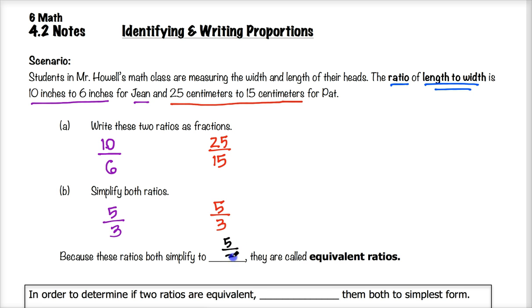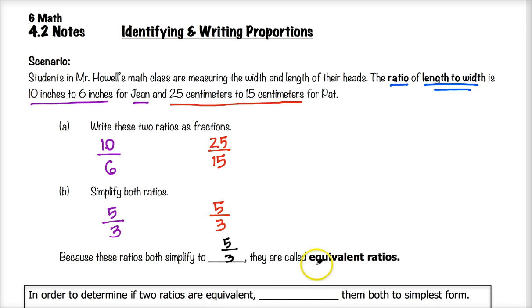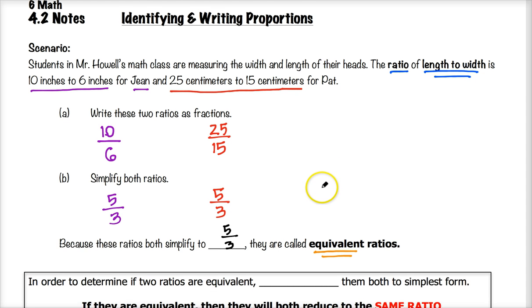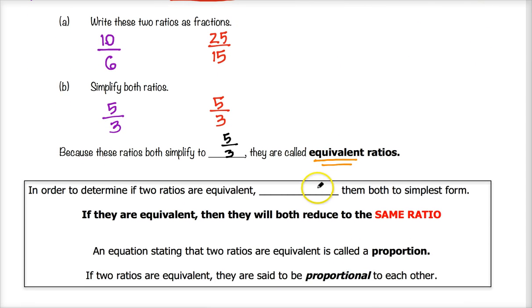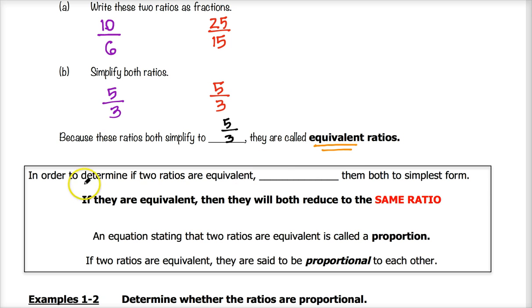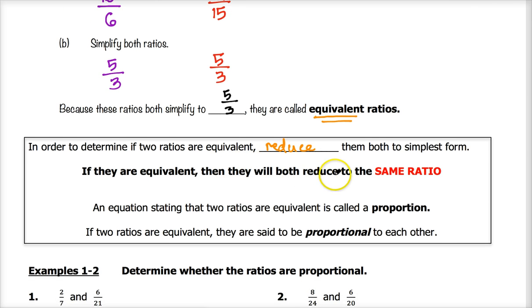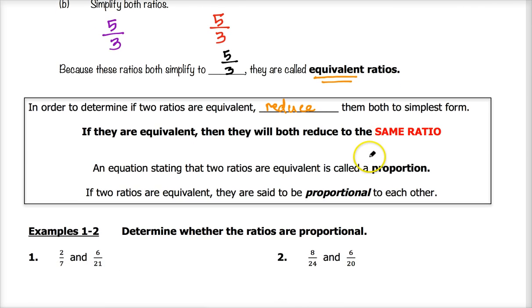Because both of these ratios simplify to the same ratio, 5 to 3, then these ratios are what are known as equivalent ratios. Okay, equivalent ratios are just those that simplify to the same ratio. So in order to determine if two different ratios are equivalent, we reduce them to simplest form. And if they are equivalent, then they will both reduce to the same ratio.